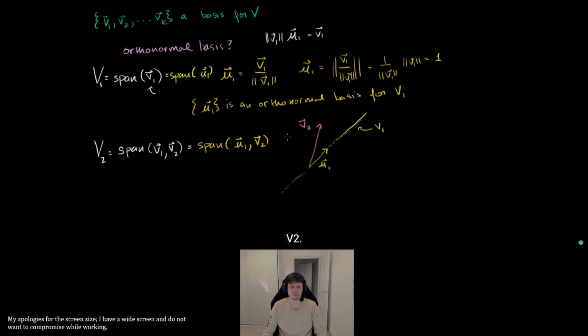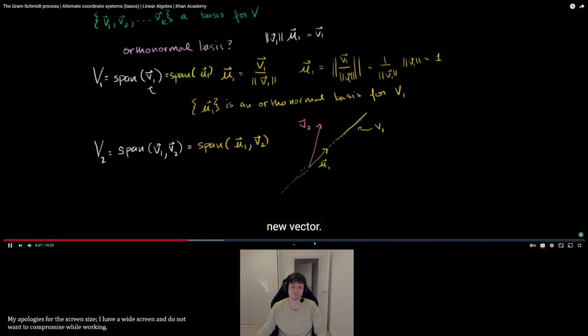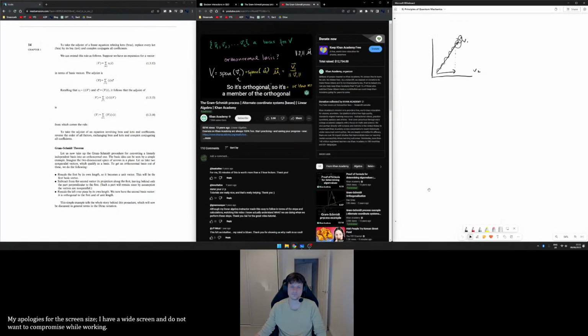Now what we want to do is replace v2 with another vector that is definitely orthogonal to this, and we'll still be able to construct v2 with some combination of this and our new vector. Well, the most obvious vector would be some vector that is orthogonal to v1. So it's a member of the orthogonal.